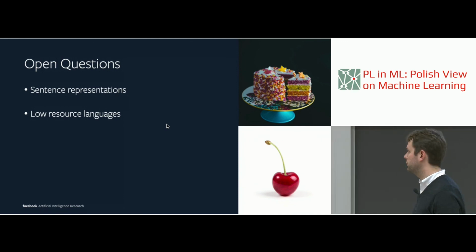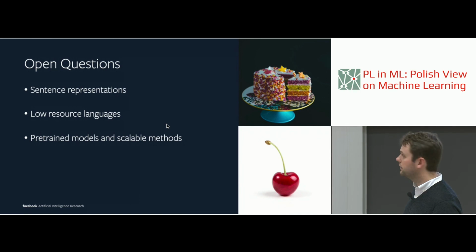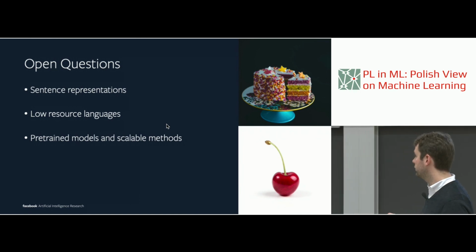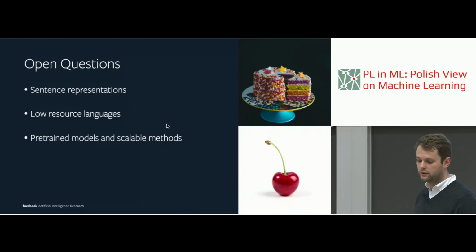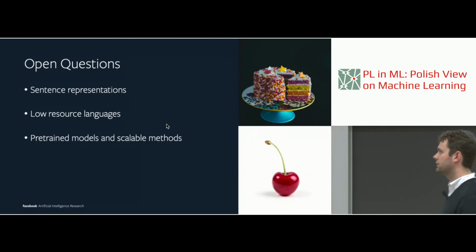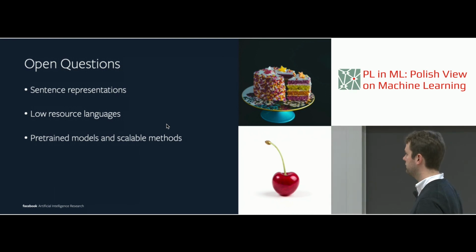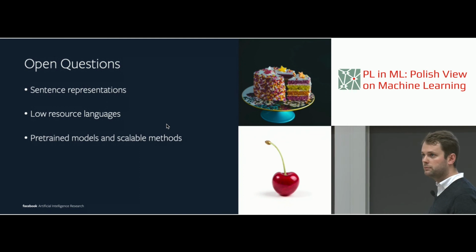They are usually trained for English, and other languages in which people want to build applications don't have these kinds of models ready. The second thing is that for now, models that are proposed for sentence representation have these scalability problems, such that it's sometimes even hard to fit them in the memory of your GPU if you have a GPU. And I think it is really important to come up with models that can be used by a wide variety of people, including people that don't have very expensive hardware.